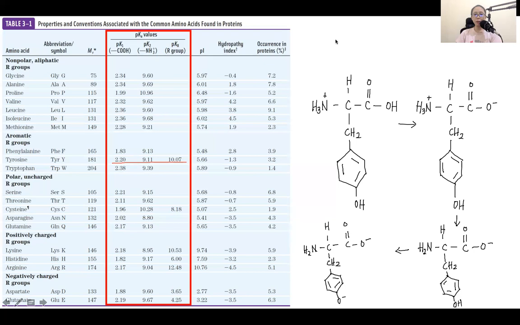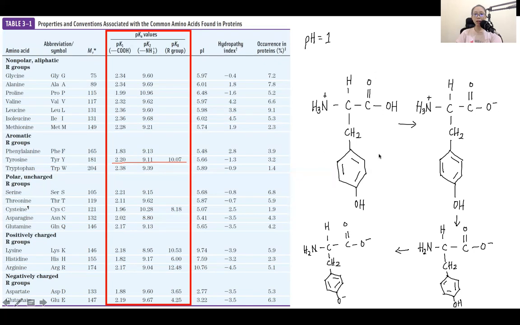So for example, we start with a solution of tyrosine that is at pH 1. If we slowly add base so that the pH increases, of course, some of the protons from this molecule will be neutralized. And if we reach a pH equal to 2.2, then half of the molecules will now be deprotonated at the carboxylic acid functional group.